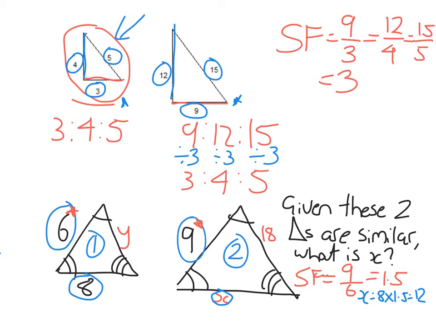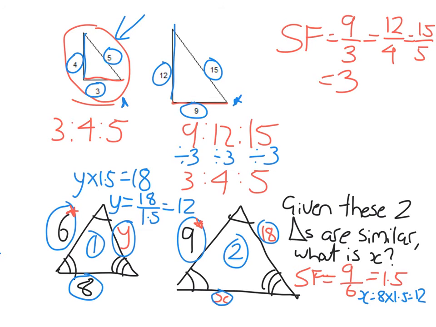So I know that to get from this side to this side, I took y, multiplied by 1.5, and got 18. So to find what one of the sides is in the smaller triangle, I need to divide. So this would be y equals 18 divided by 1.5, which gives me 12. Okay?